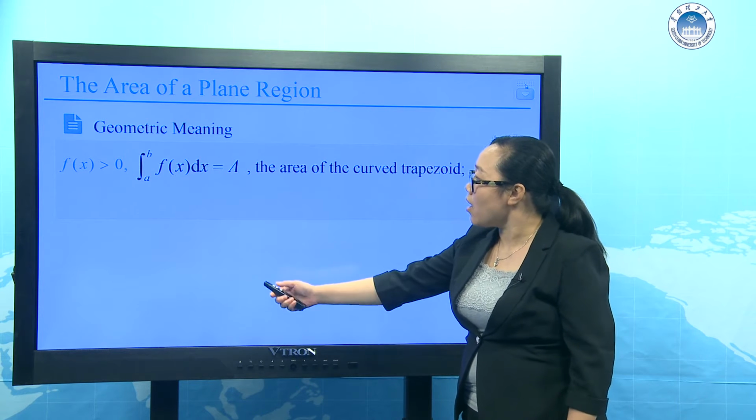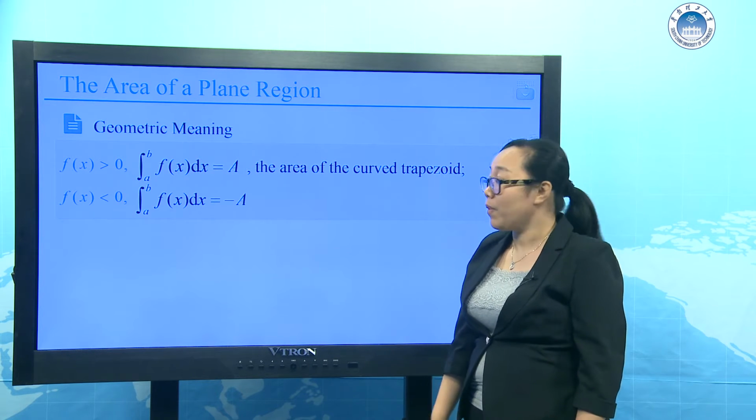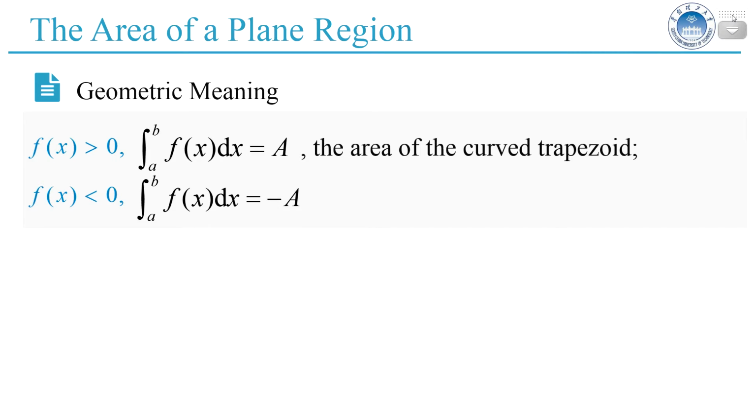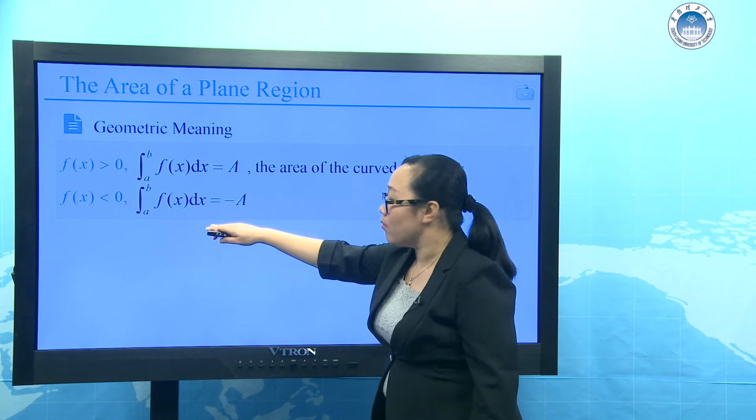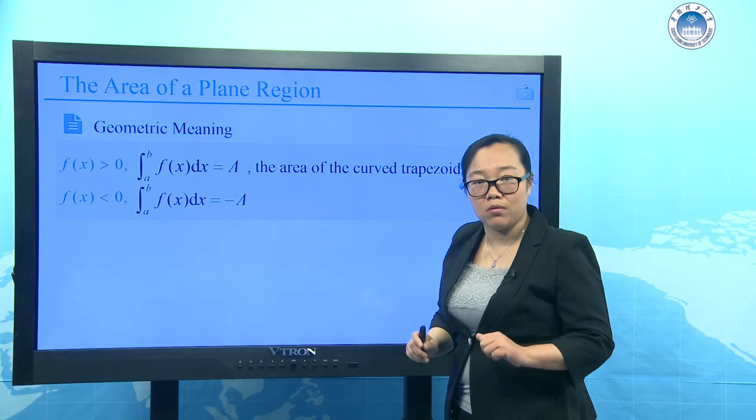Another case: f(x) is negative. Then the definite integral from a to b may be a negative number. For example, minus 5, not a positive number.